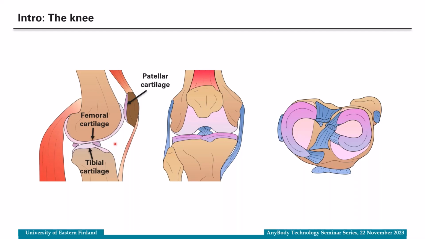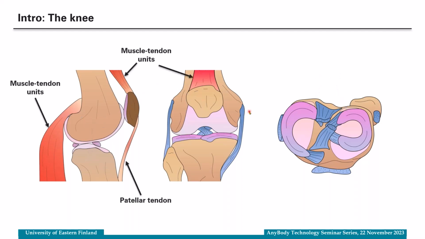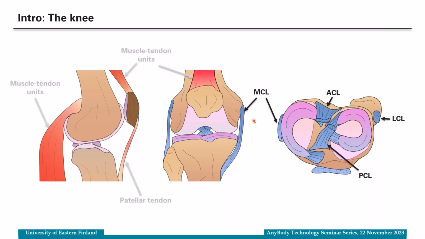And we also have the menisci, which help for a better distribution of forces, strain, and stresses over the cartilages. Then we have muscle tendon units that actively provide the joint movements, and passive elements like ligaments, which restrain the joint and provide stability.